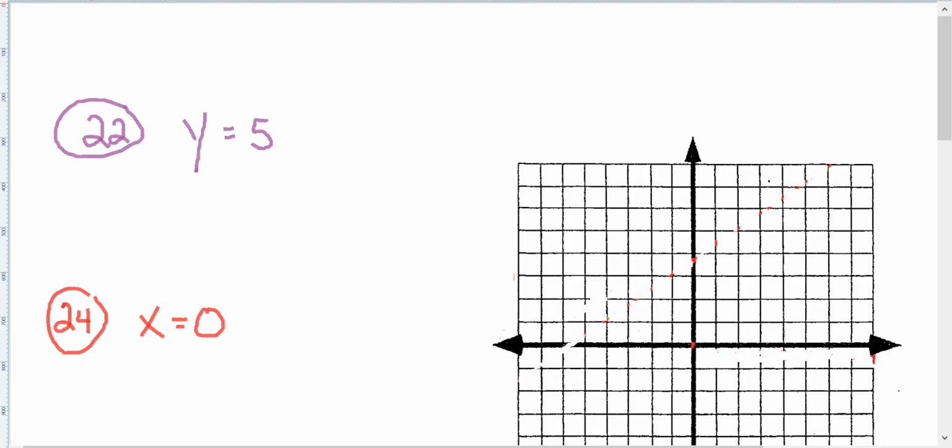Okay, here's a couple of tricky problems. Tricky in the sense that when we have an equation where y equals 5, just y equals 5, we have to think that this is a horizontal line. Anything y equals any number, we just have to remember it. Horizontal line.